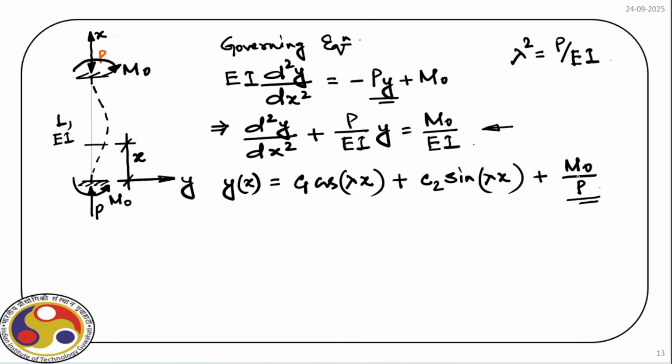So if you put in place of y m0 by P, you basically get the right hand side. So this is the total solution for the case with fixed boundary condition.